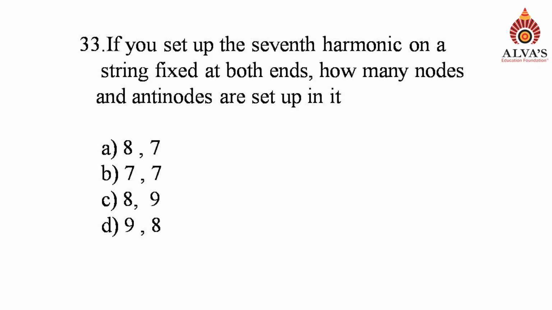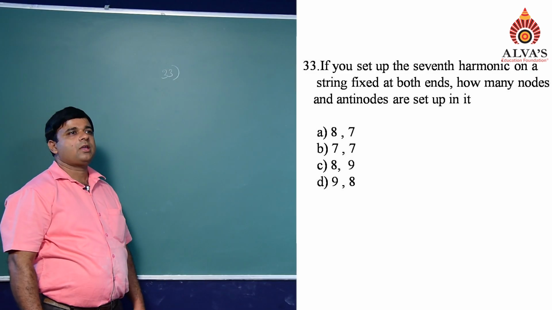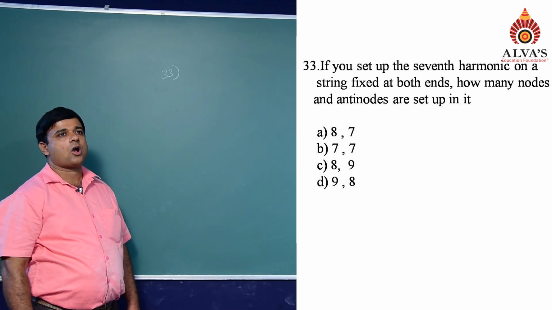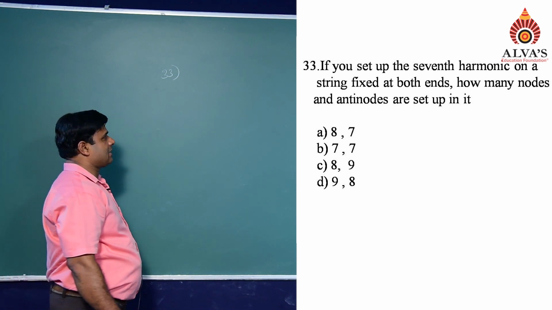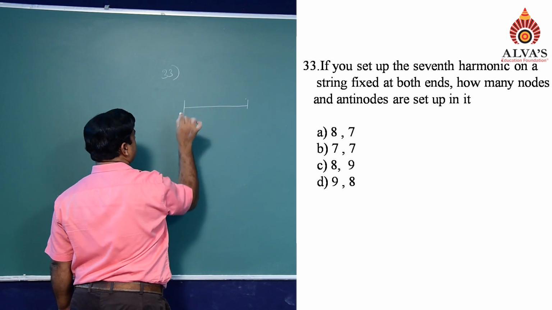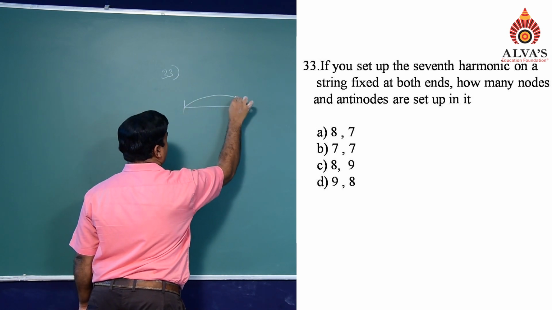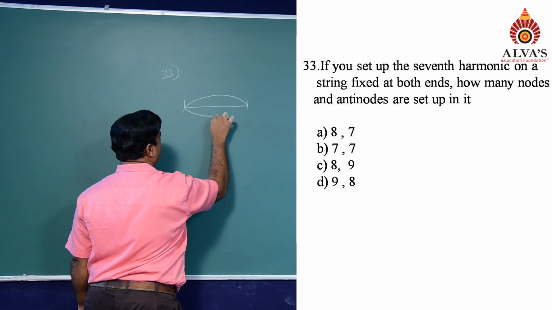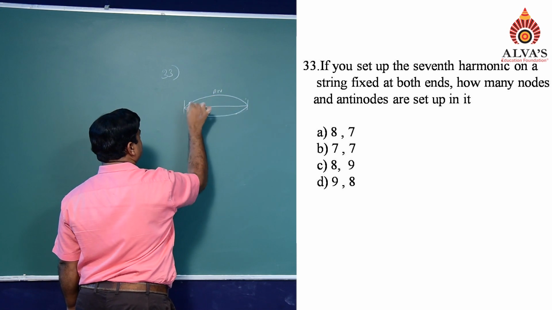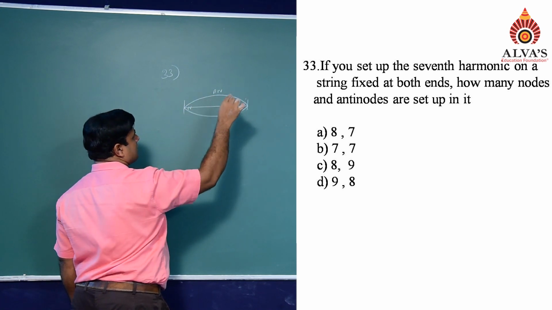If you set up the 7th harmonic on a string fixed at both ends, how many nodes and antinodes are set up in it? So, the string should be vibrated in the 7th mode, implies 7th harmonic. Calculate how many nodes and antinodes are present. If the string is vibrated in the 1st harmonic, it consists of one loop. So, one antinode, 2 nodes are produced.